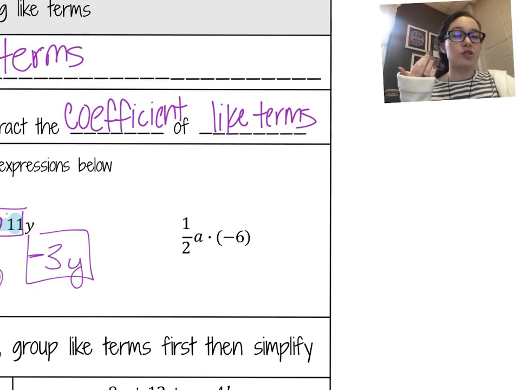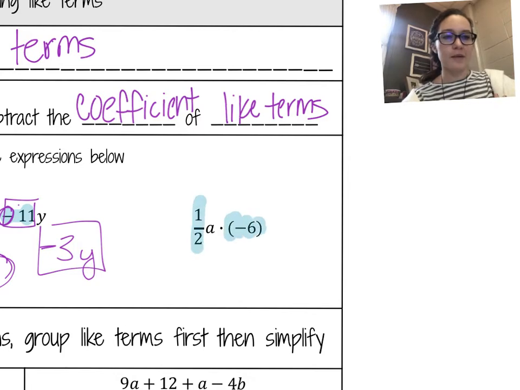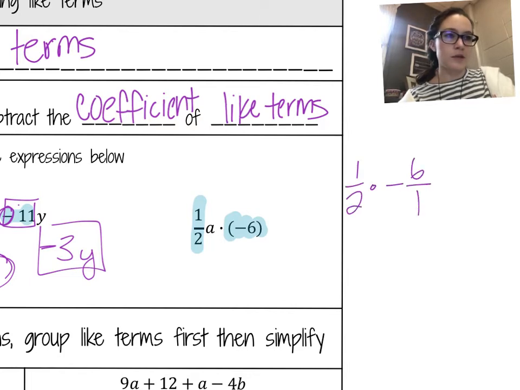We can also just multiply. So I have 1/2 a times negative 6. So I'm going to take my coefficient of 1/2 and multiply it by negative 6. So I'll just do that on the side. Okay, we multiply across. 1 times 6 is 6. 2 times 1 is 2. It's a positive times a negative, so our answer is negative 6 over 2.